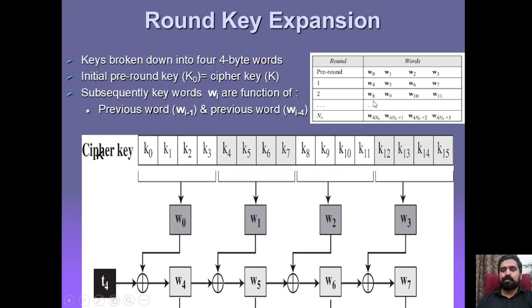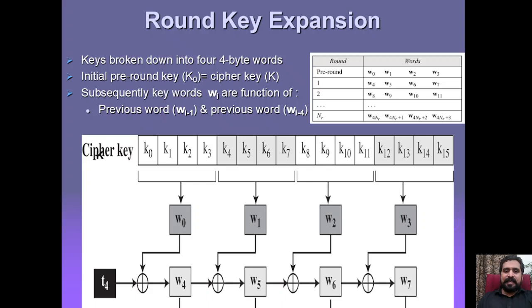Similarly, in round 2 we use the 8th word to the 11th word, W8 to W11, and so on up to the number of rounds. It depends on the variant: if we use the 128-bit variant of the AES algorithm, we use 10 rounds. If 192, we use 12 rounds. If the 256 variant, then we move forward with 14 rounds.